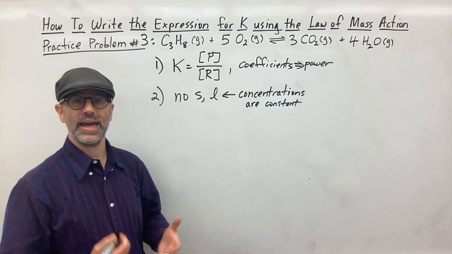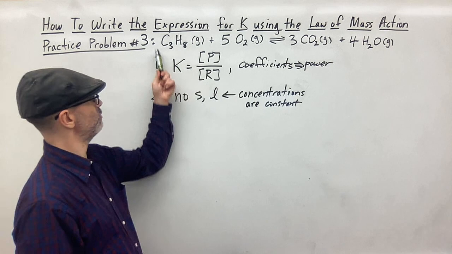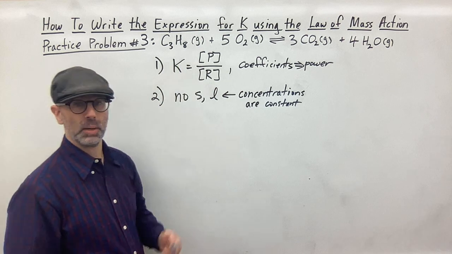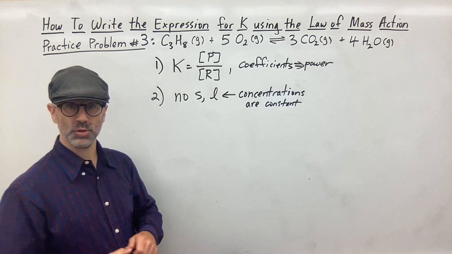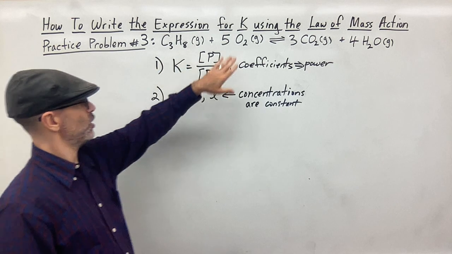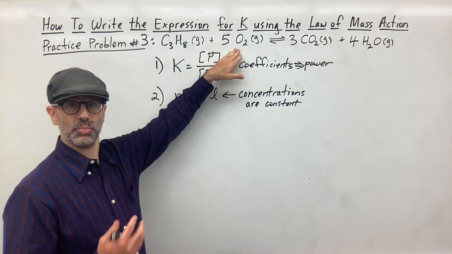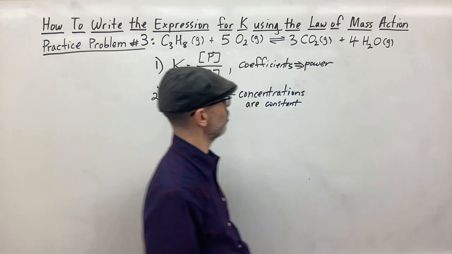So let's go ahead and write the expression for this equation here. So here we have some propane gas. Maybe this is the propane gas you're using on your grill, or you're cooking outdoors, or whatever the case may be. You take the propane gas, you burn it in the presence of oxygen, and it becomes carbon dioxide and water.